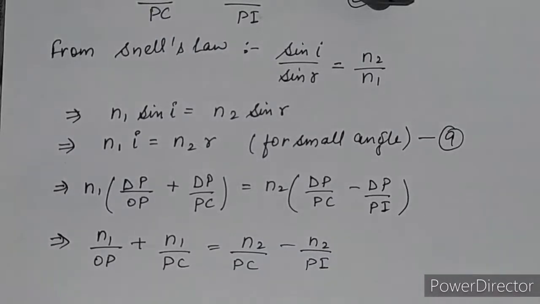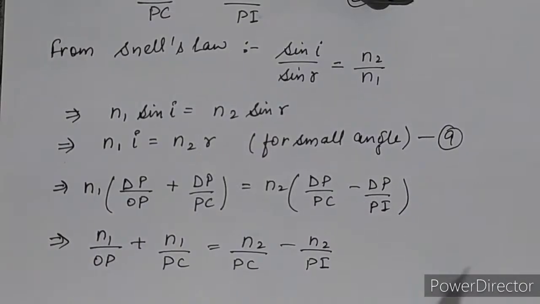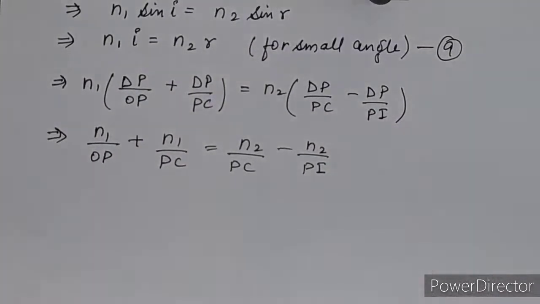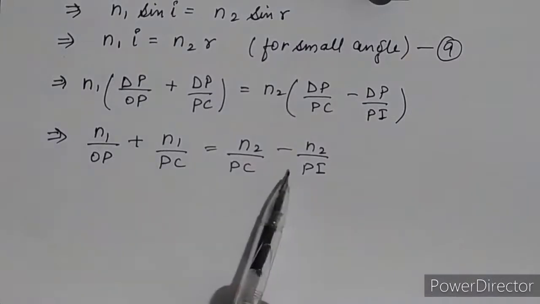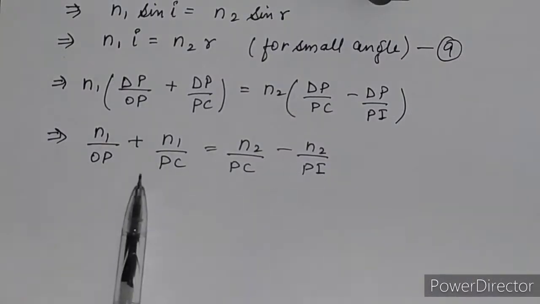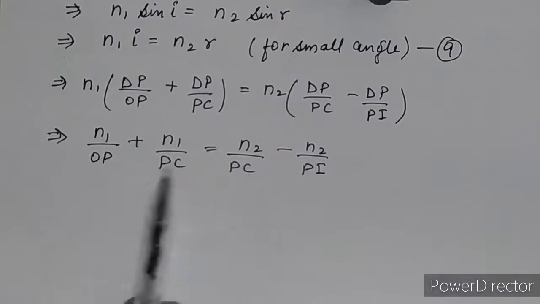So now look here, PC and PC are common in both the refractive index terms. So what we have to do is take this N1 on this side and this N2 upon PI on this side, so we can take this value as common.